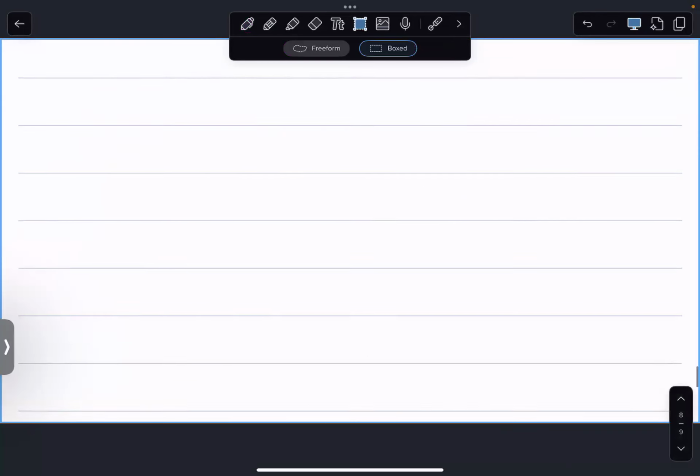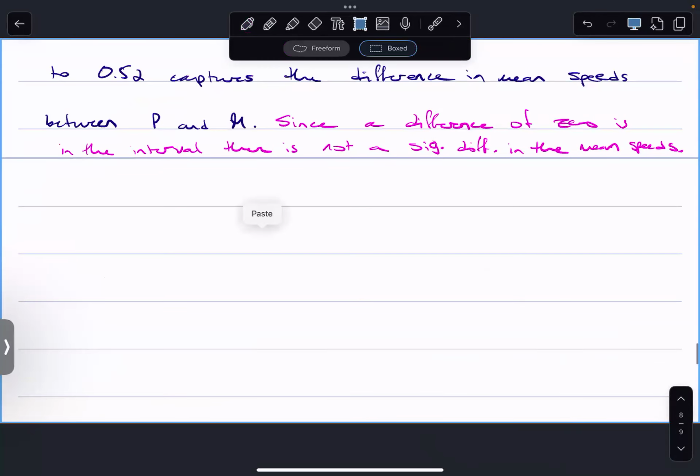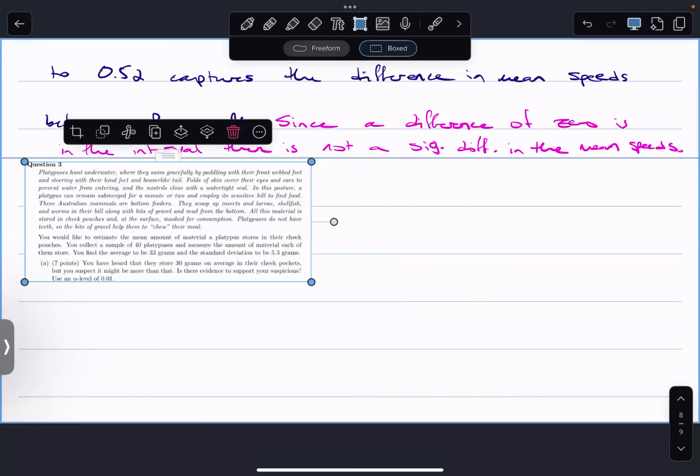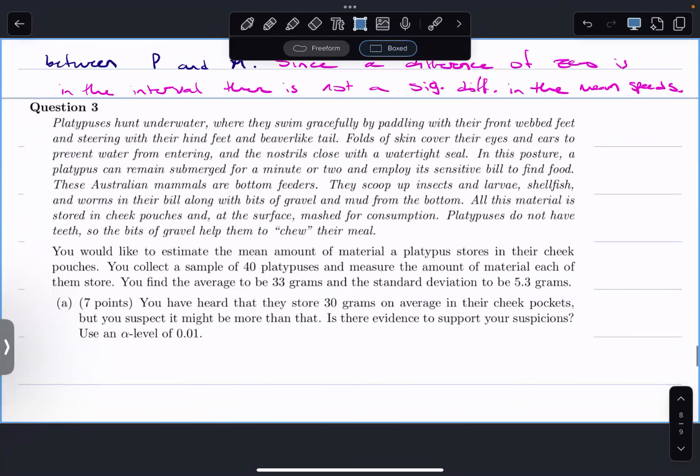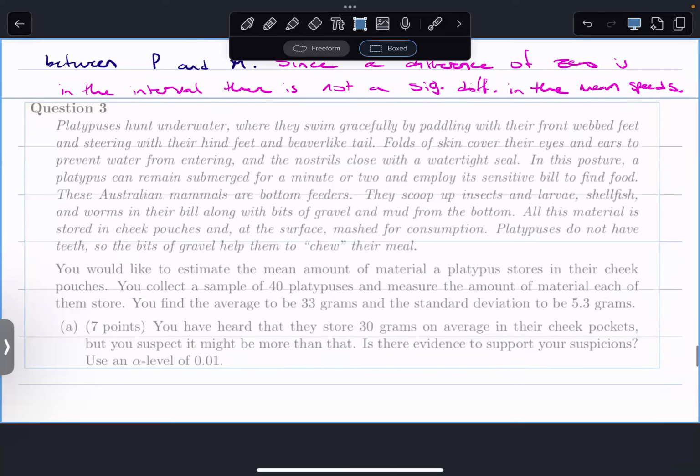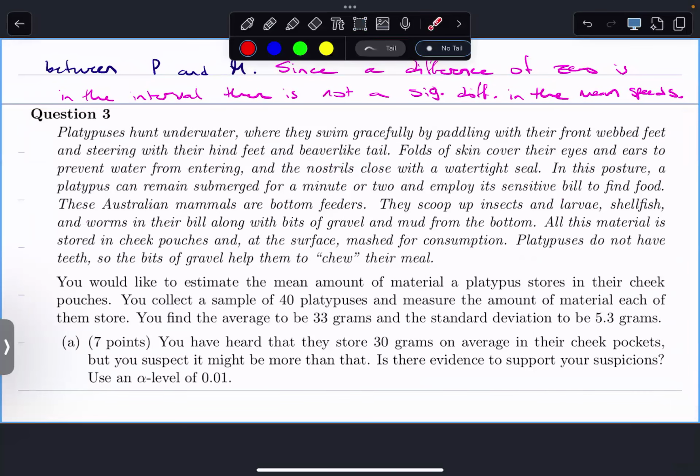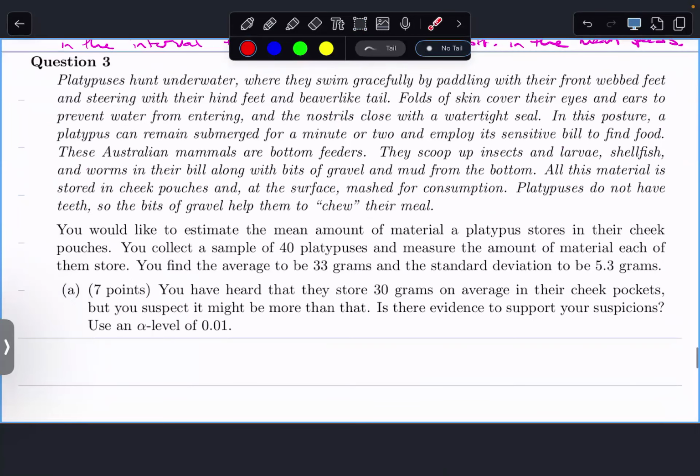So remember, the stuff that's italicized is just kind of fun platypus facts. You don't need it, although it kind of guides the question. So they store food in their cheek pouches, kind of like a hamster.